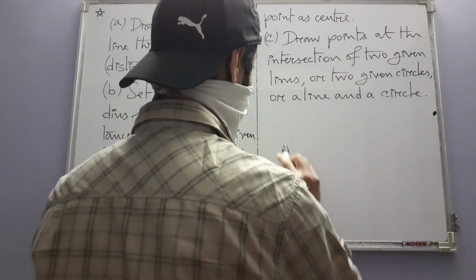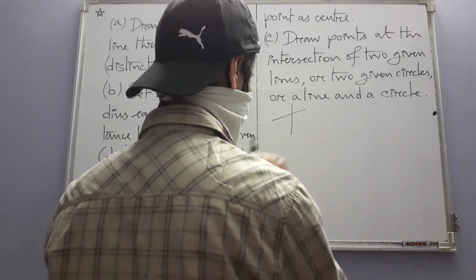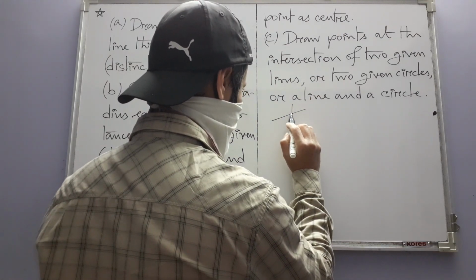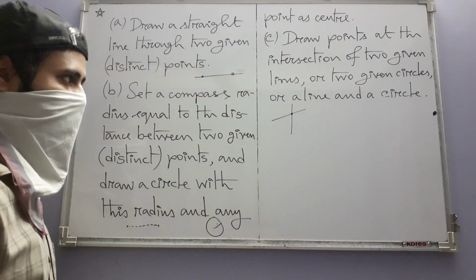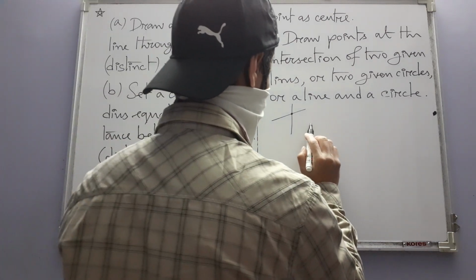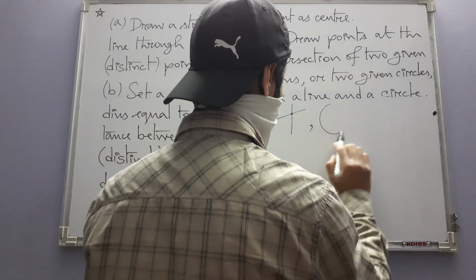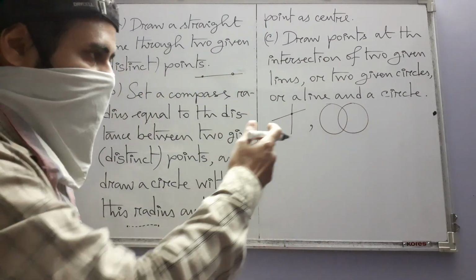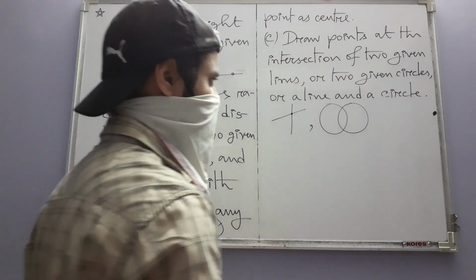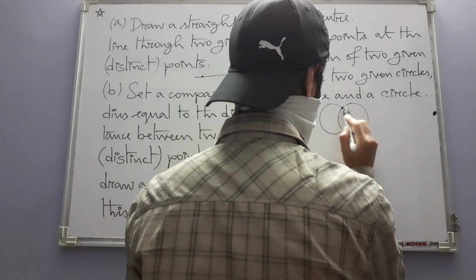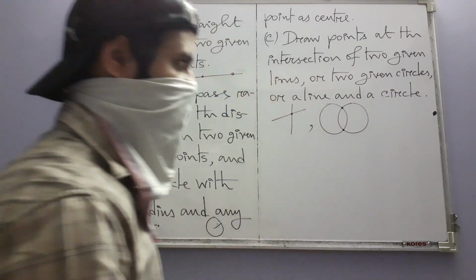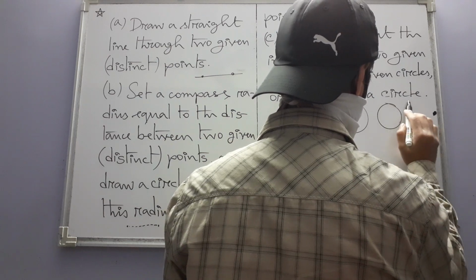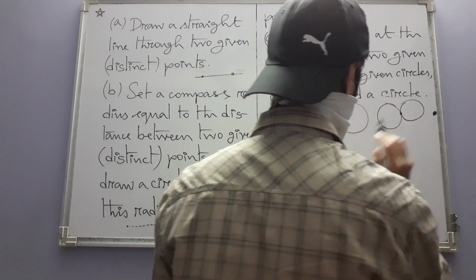And the third operation is this: if you are given 2 lines and they are intersecting each other, then you can draw a point at their point of intersection. Or if 2 circles are intersecting either like this or maybe they are just touching each other, then you can draw points at their intersection, giving you 2 points. Or if it is like this, then you draw that 1 point.